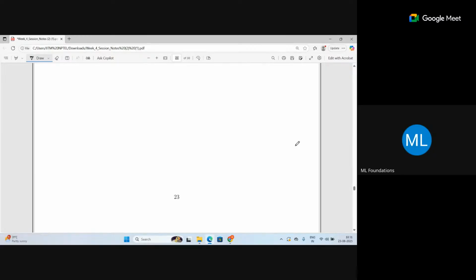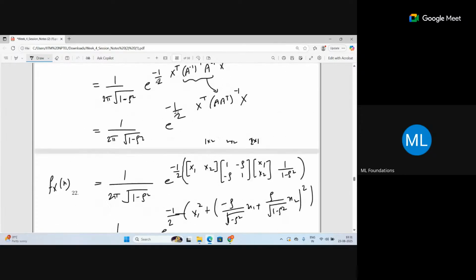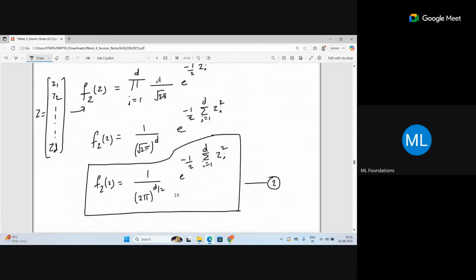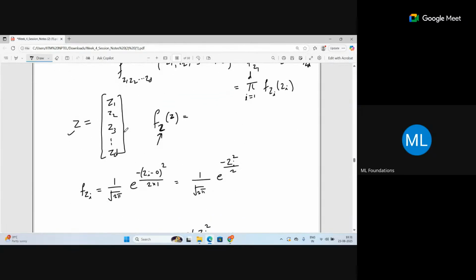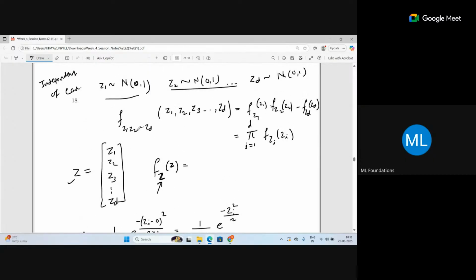Now, suppose I wanted to translate what we have found to the multivariate normal. What do we mean by multivariate normal? If I have d such variables, as I showed you when we started today, let's say z1, z2 to zd, d such normal variables, and we know their joint densities.